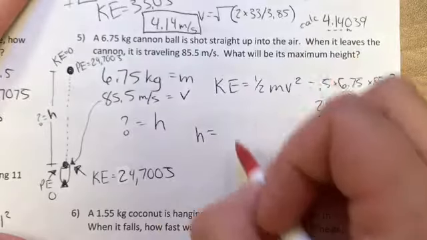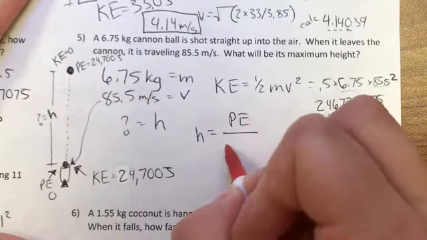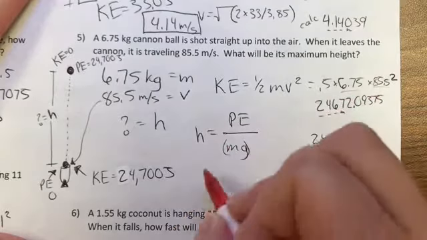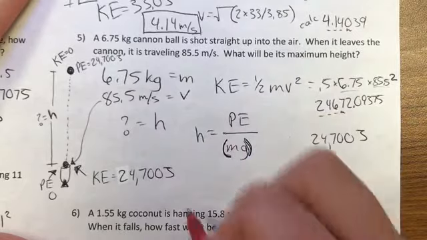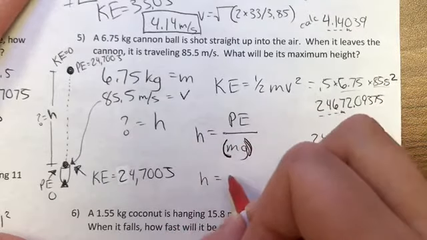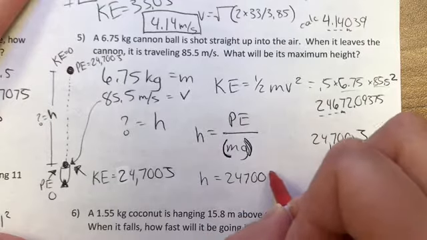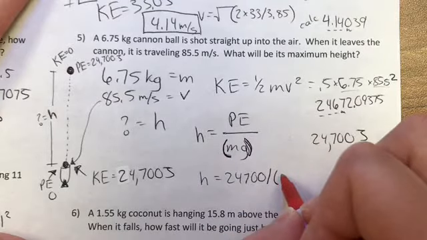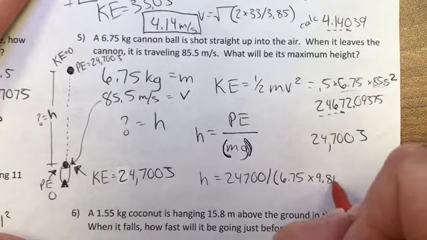So my height is my potential energy at the top divided by mass times gravity. Don't forget your parentheses. 24,700 divided by parentheses 6.75 for the mass multiplied by 9.81 for gravity.